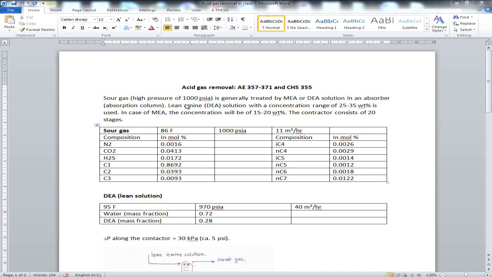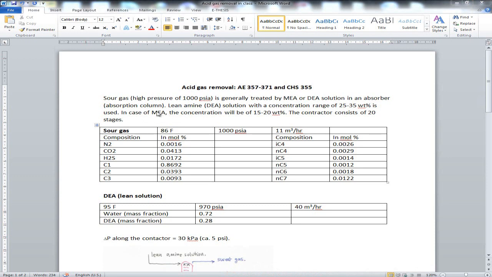In this case, we will have lean amine, which I mean as the pure amine that doesn't contain any acid gas, passing into the column at the top, with the concentration depending upon what kind of amine solution it is.